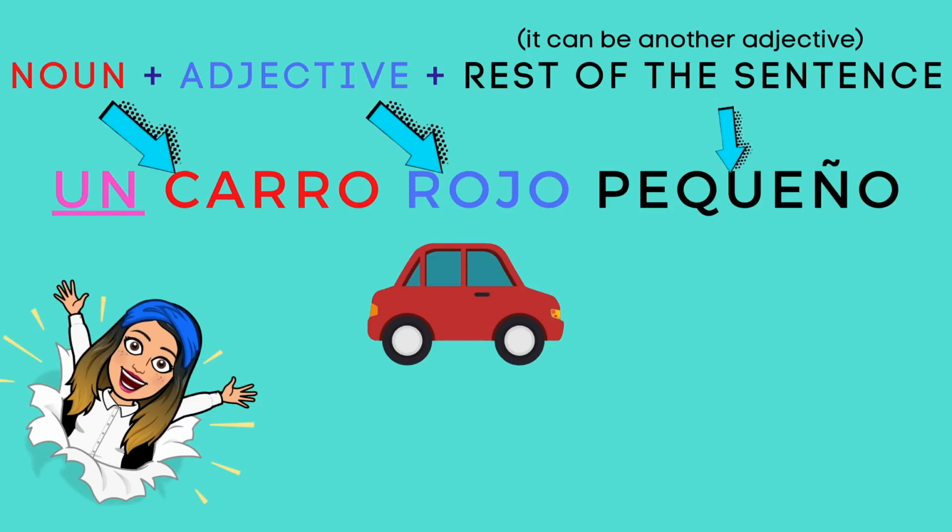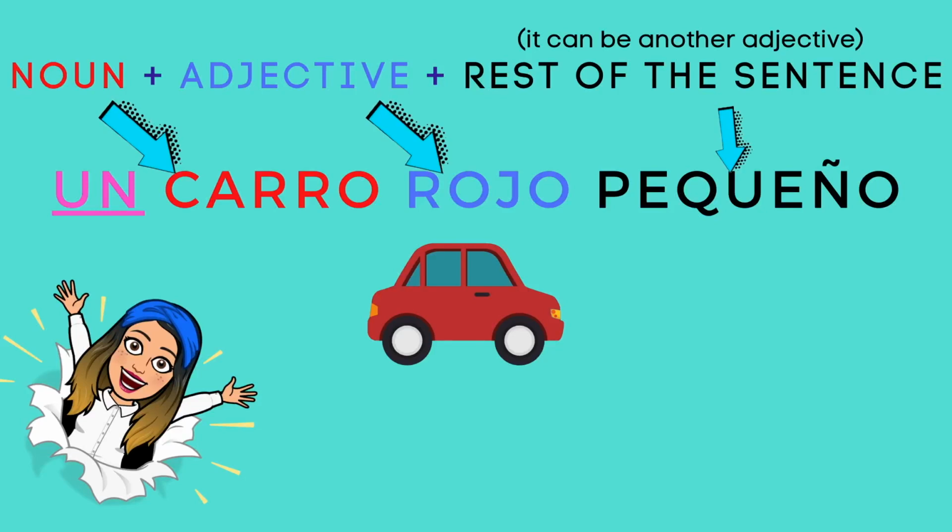Un carro. Noun. Adjective. Rojo. Pequeño. Rest of the sentence. Un carro rojo pequeño. Remember that we can here have another adjective.